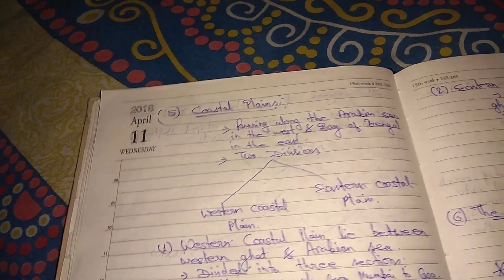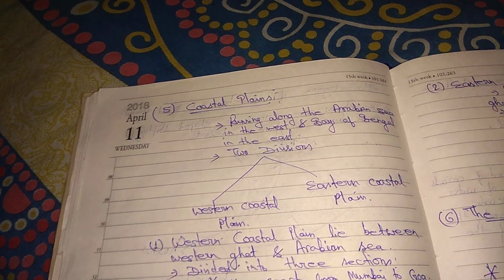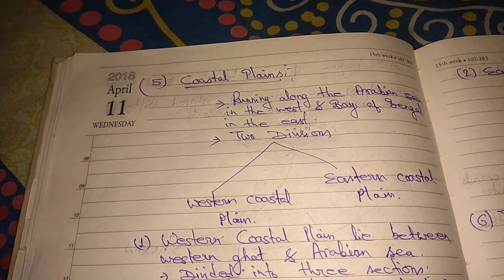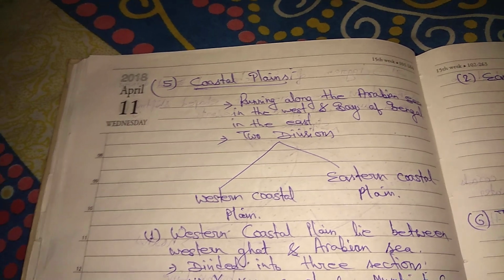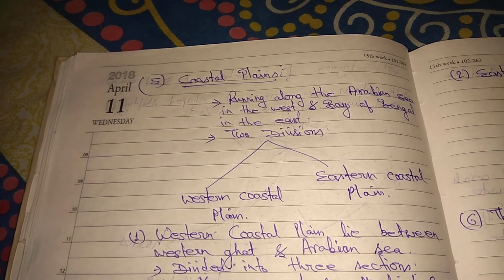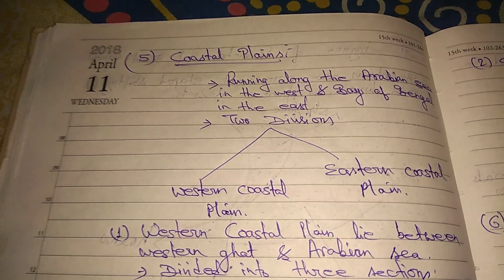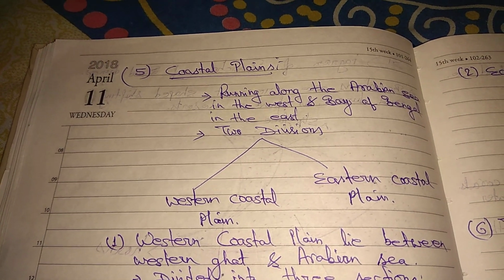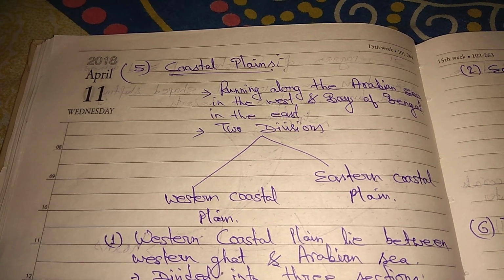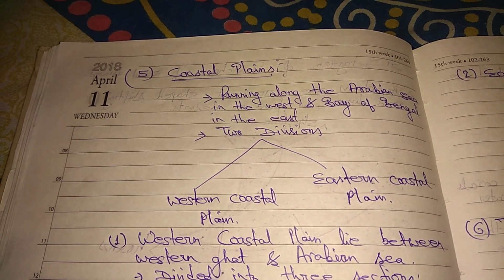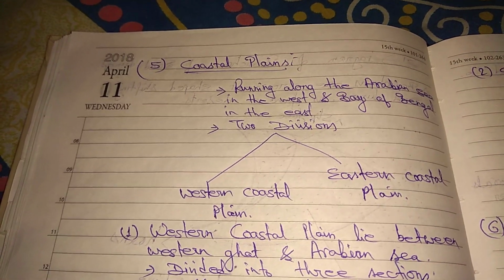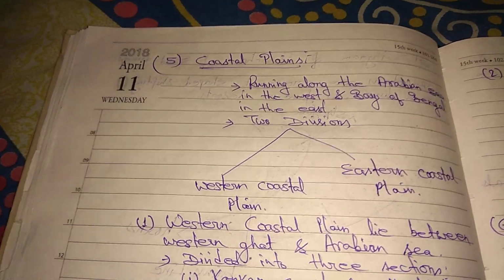Then our fifth and second last physiographic division is the coastal plain. Actually, the peninsular plateau is flanked by a stretch of narrow coastal strips running along the Arabian Sea in the west and the Bay of Bengal in the east.